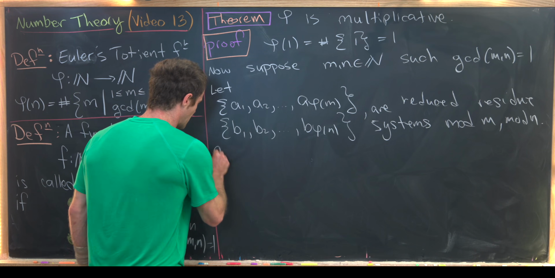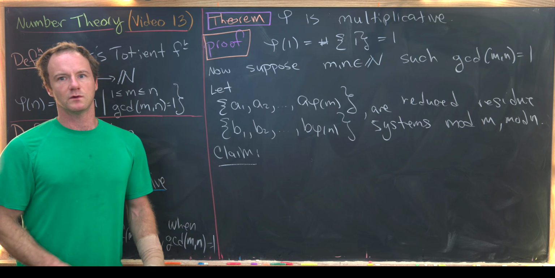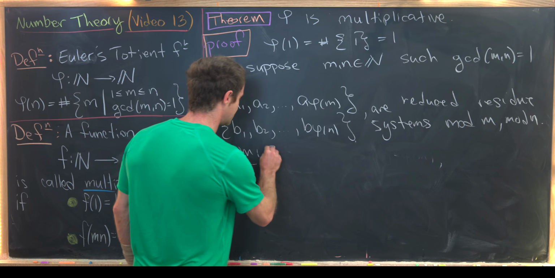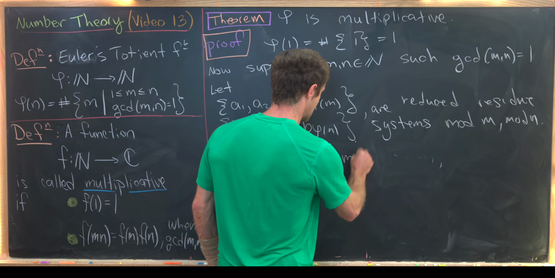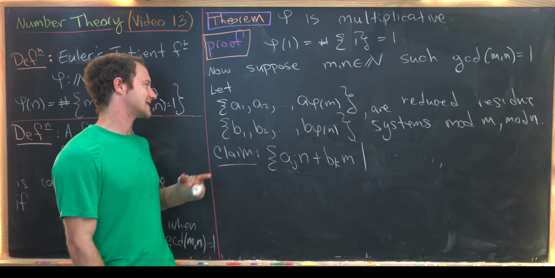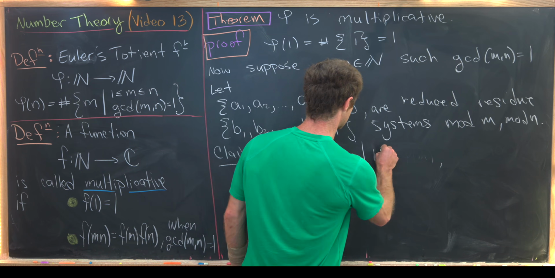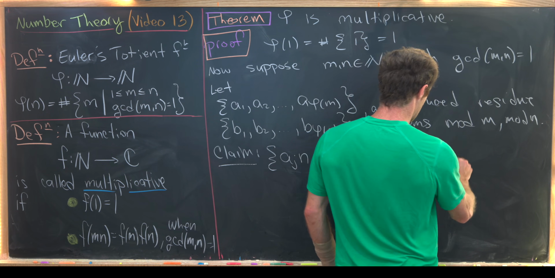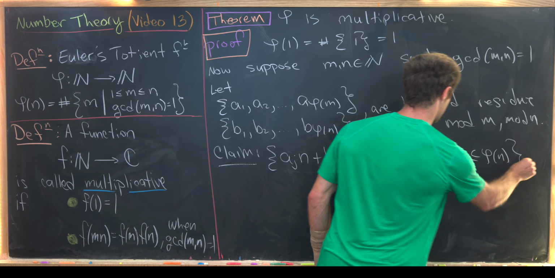And now we're going to prove the following claim, and this claim will pretty much finish this proof off. The set of linear combinations A_j n plus B_k m, as j and k run over the appropriate indexing sets, so we get everything from these two sets. That means j must go between 1 and phi of m, and k must go between 1 and phi of n.